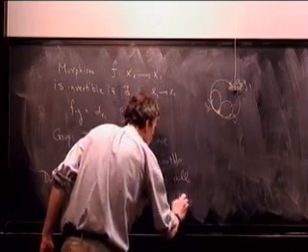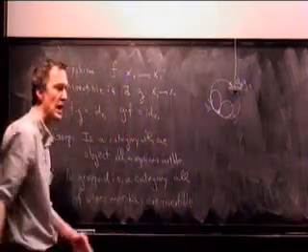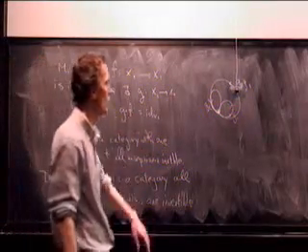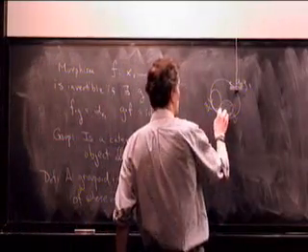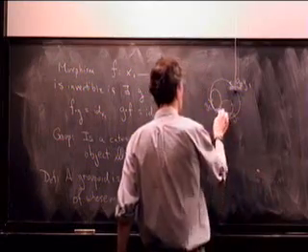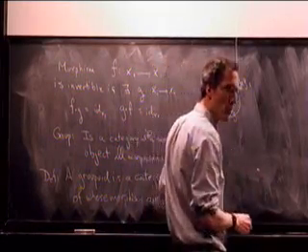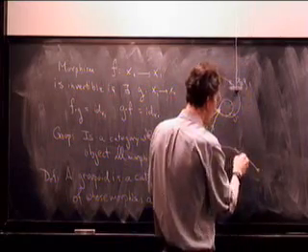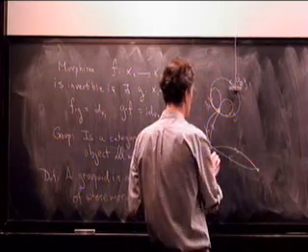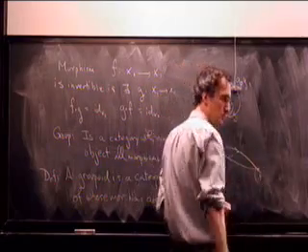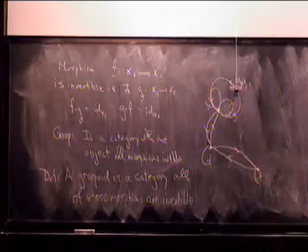So the only thing I've done here is I've allowed the possibility that there's more than one object. So I have an object here, I have an object here, and here. Now there are morphisms. Every time I draw a morphism, there has to be an inverse morphism, and of course there's always the identity morphism. So that's the picture of a groupoid.